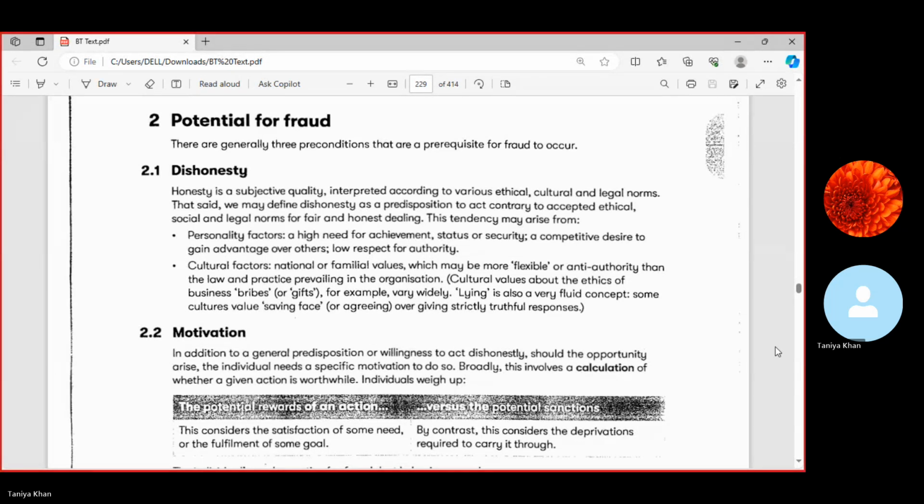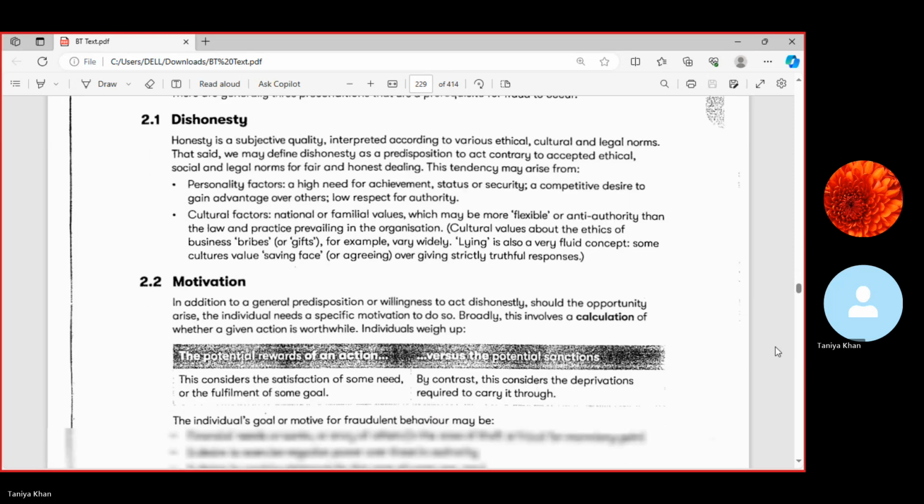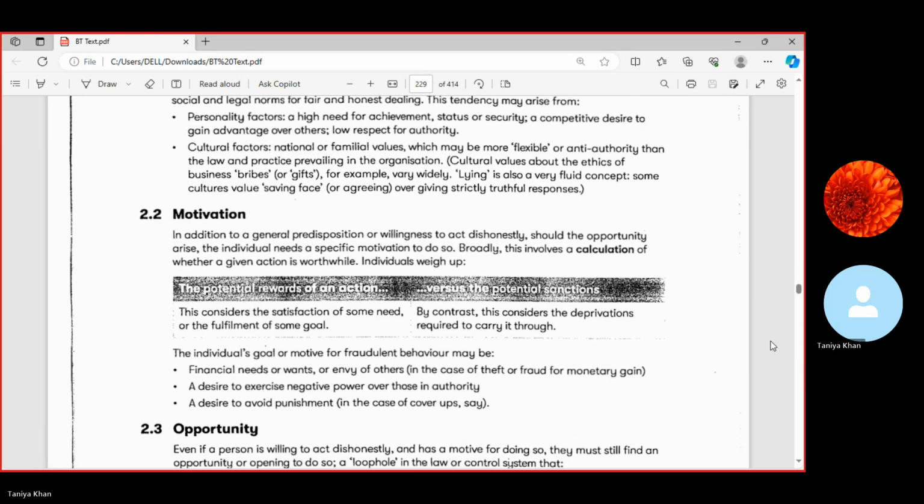If you are receiving and accepting those particular gifts, you will not be in a situation to say no to that particular person. So that is about cultural factors. Now the second thing which motivates a person to commit fraud is motivation.